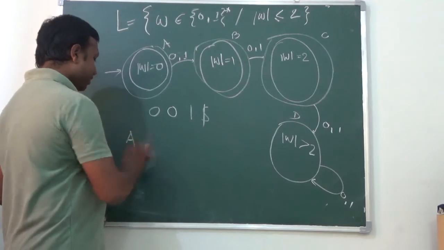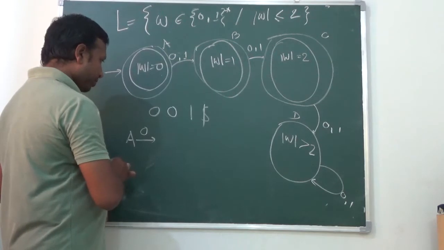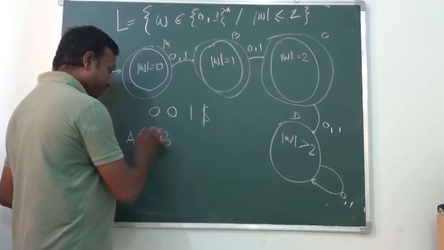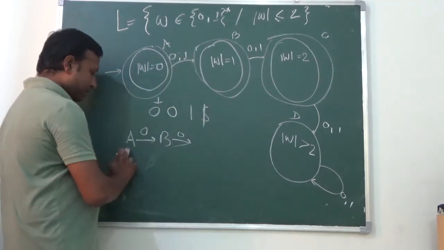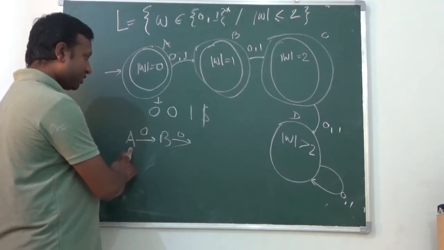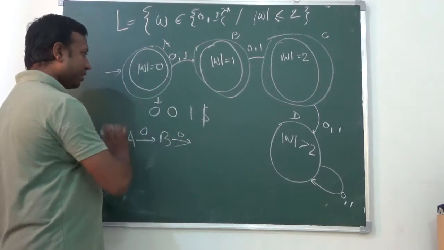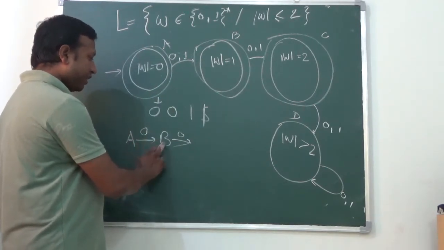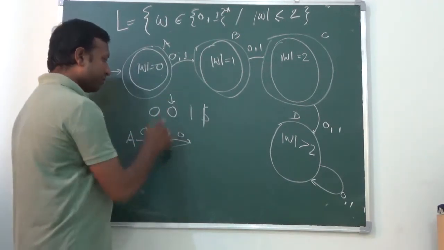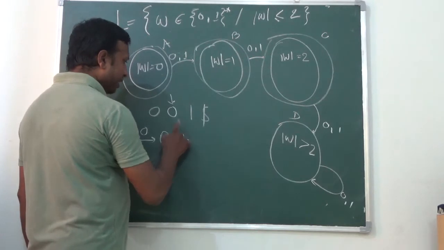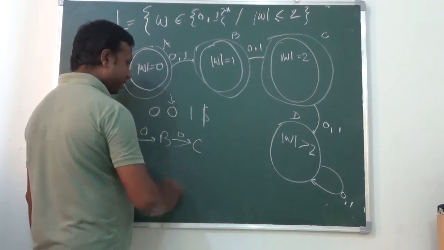So the model is starting with the state A. When in the start state A, it is reading the leftmost symbol, 0, and goes to the state B. The read head moves to the next symbol. So in B, reading this 0, you go to the state C.